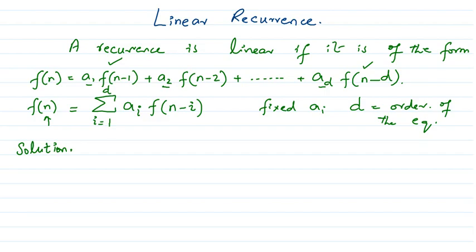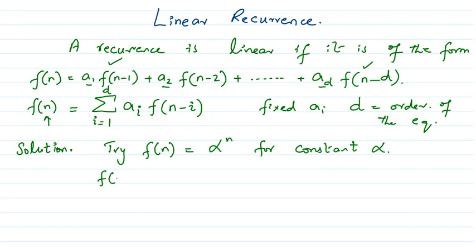We are going to try f of n having the form alpha raised to the power n for some constant alpha. So f of n is going to be, for example, I'm taking an example here.